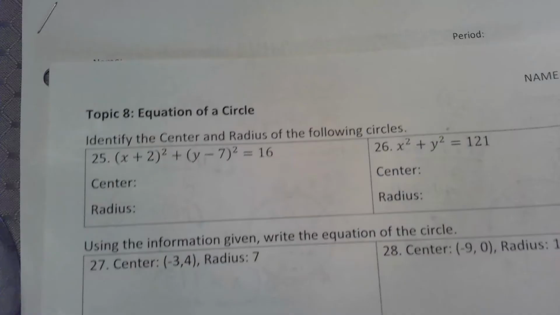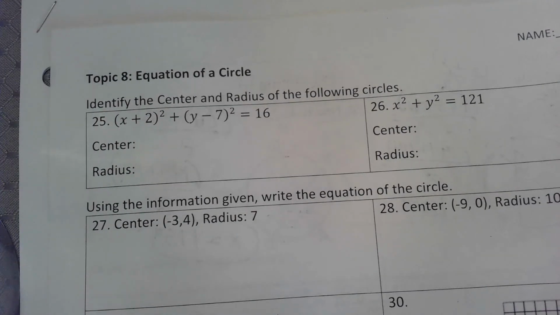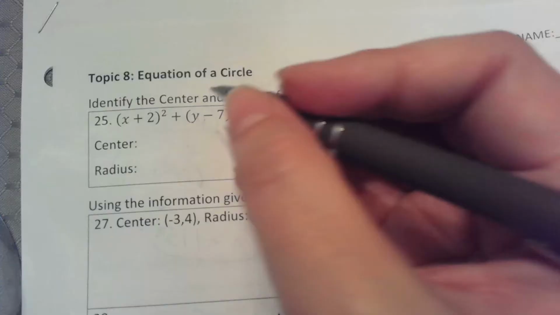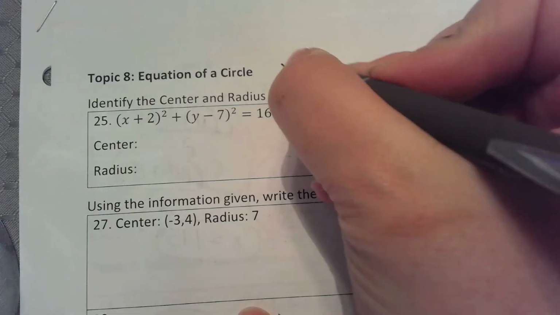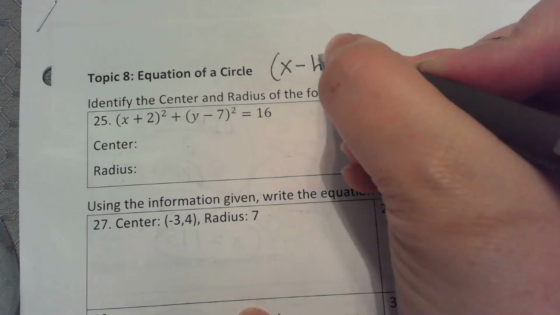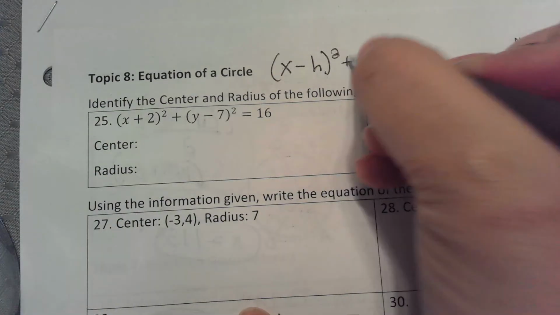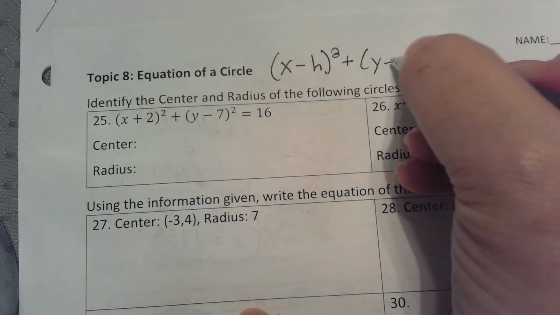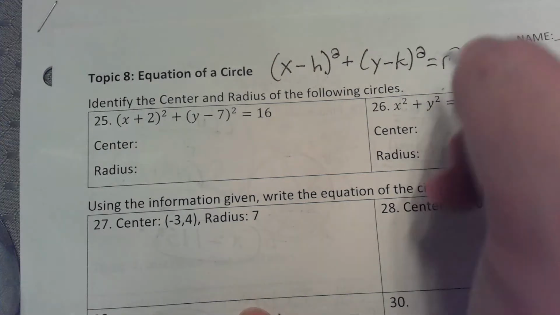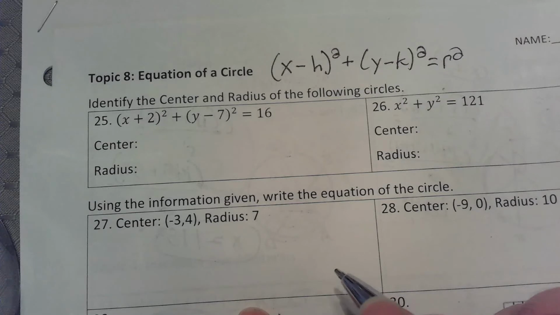Okay, so this one, it says identify the radius and center of the following circles. So we're working with our equations of our circles. So what I would do, everybody, is just write your equation of the circle at the top. So it's x minus h squared plus y minus k squared is equal to the radius squared. So write that at the top.